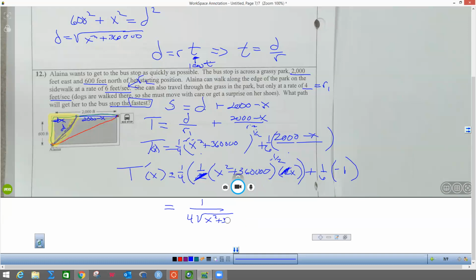Just so I don't have to write as much, I'm going to change this back to 600 squared. And then, actually, it's going to be minus 1/6. So this is t prime. Now, I would probably want to get a common denominator.